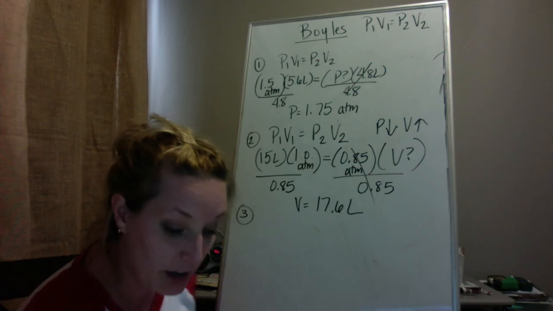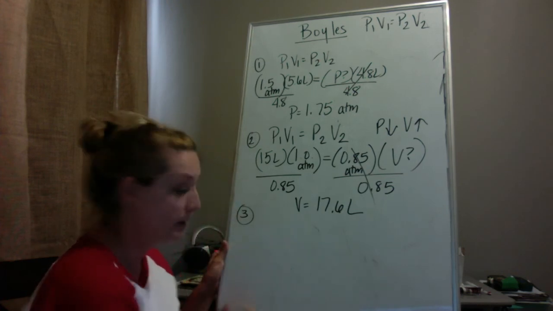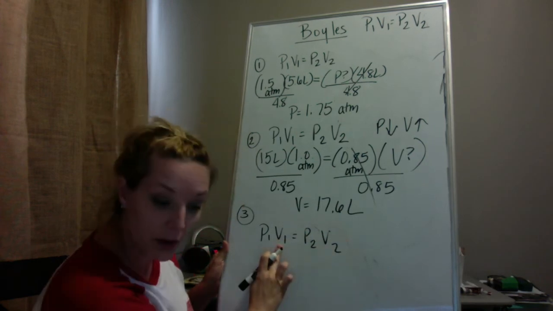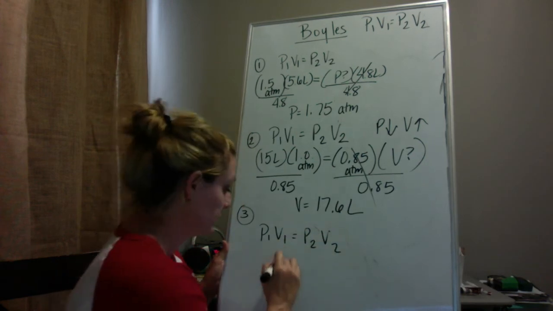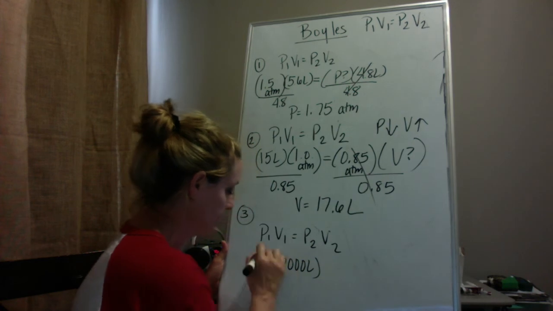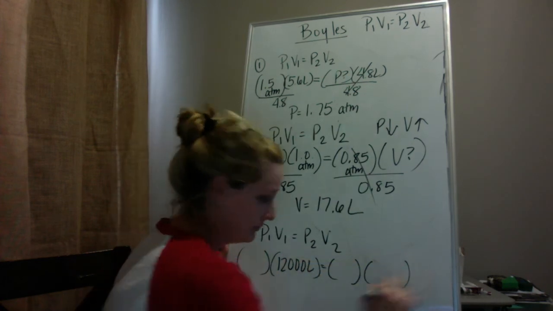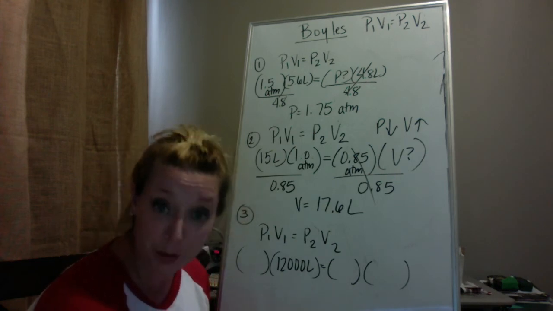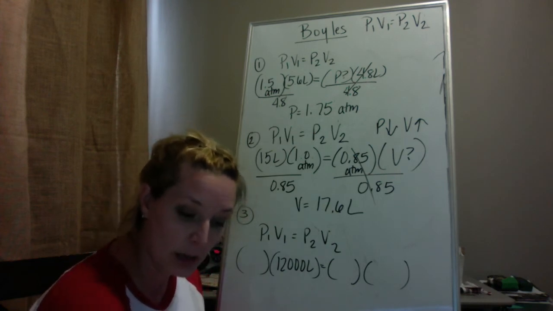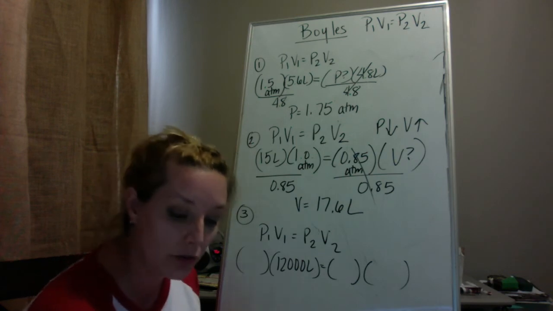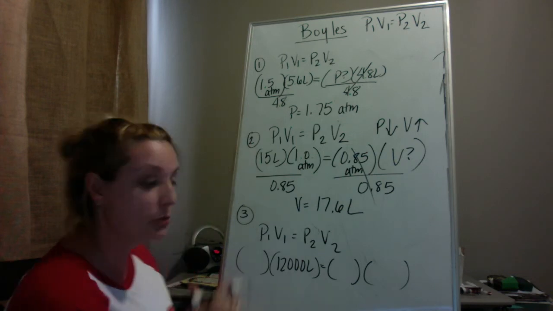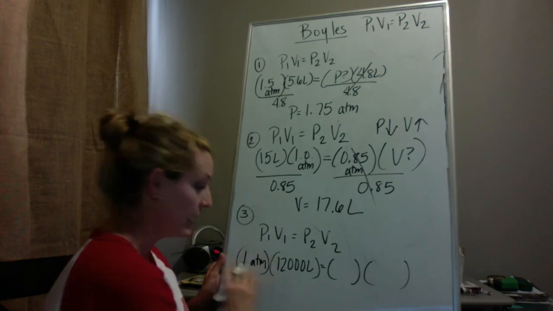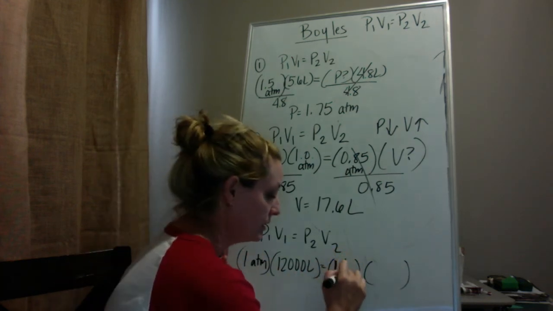Last one. I've got a car with an internal volume of 12,000 liters. If I drive my car into the river and it implodes, what will be the volume of the gas when the pressure goes from 1 to 1.4? So the pressure in the beginning was 1 atm, and now it's going to go to 1.4 atm.